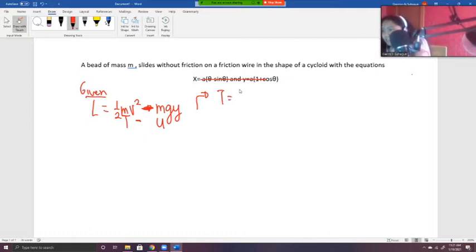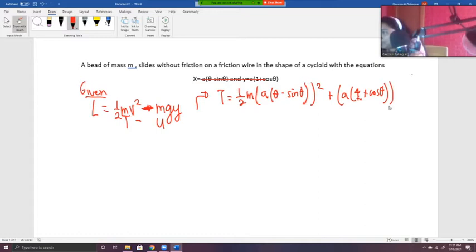Okay, so let's set up the T first. So T is equal to 1/2 m [a(theta minus sine theta)] squared plus the y, a(1 plus cosine theta) squared, and then the U would be mga(1 plus cosine theta).